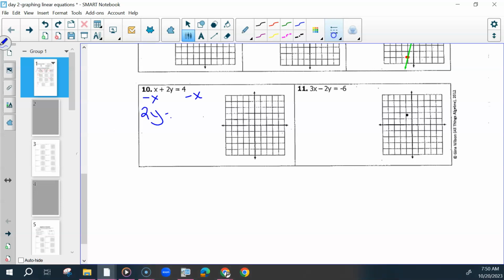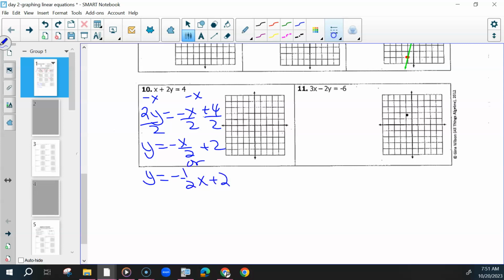We have 2y equals negative x plus 4. Remember, I'm rearranging so that it looks more like mx plus b. And then divide everything by 2. So what would that new equation be? Negative x over 2 plus 2. Or you can leave it as y equals negative 1/2 x plus 2, either or.